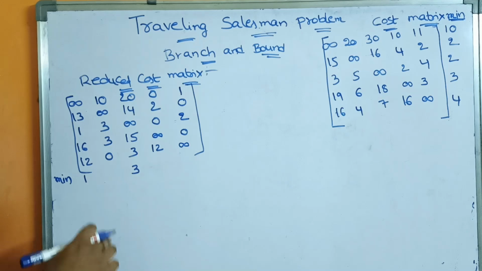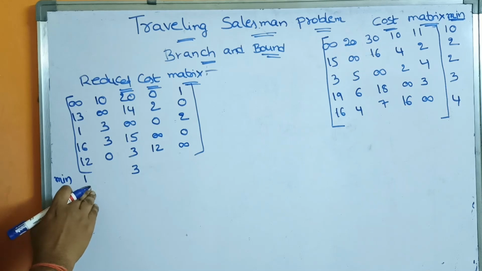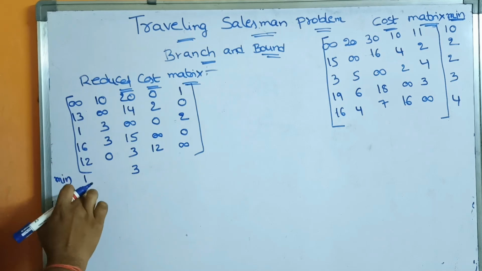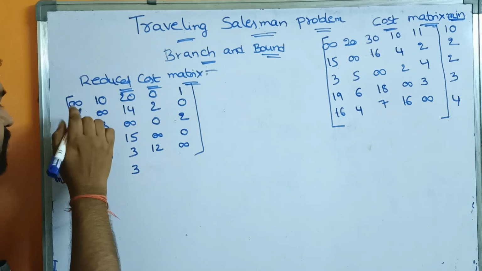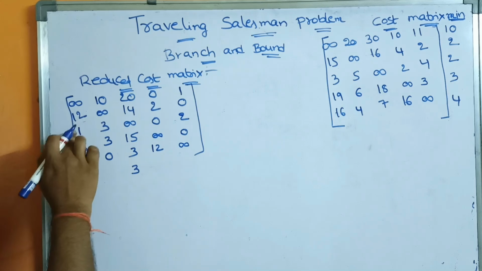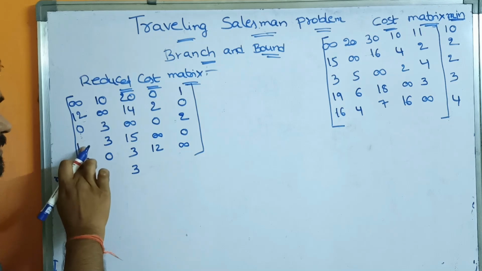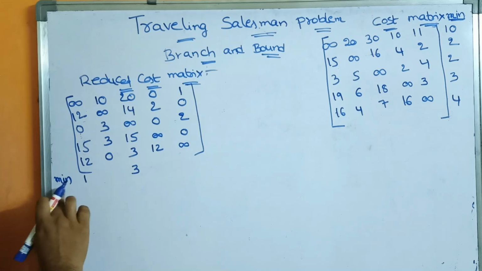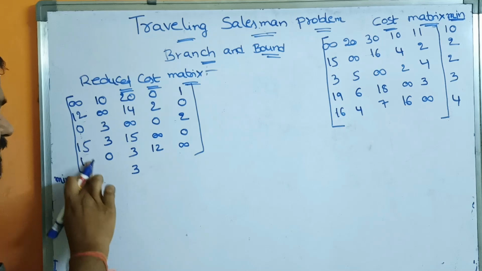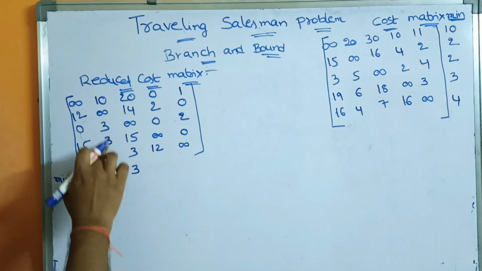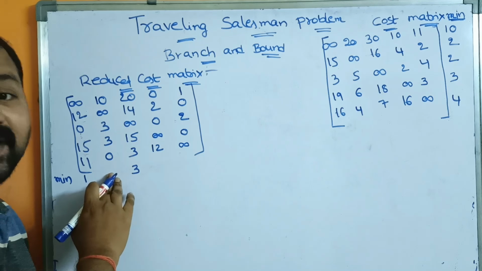So now what we have to do? We have to subtract each entry of this column with 1. So 13 minus 1 means 12. Next 1 minus 1 means 0. 16 minus 1 means 15. 12 minus 1 means 11. If you observe, this one is already in column reduction only.